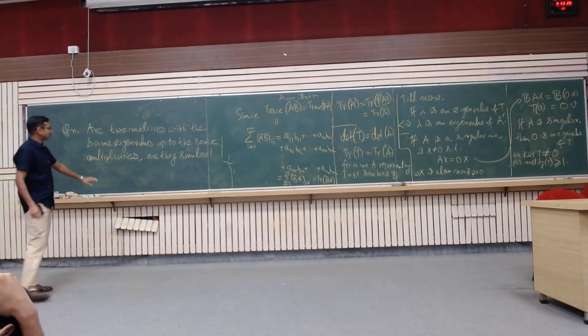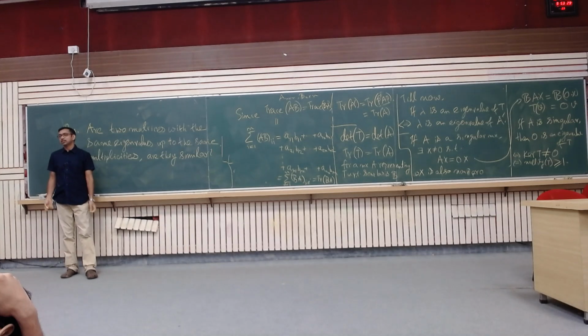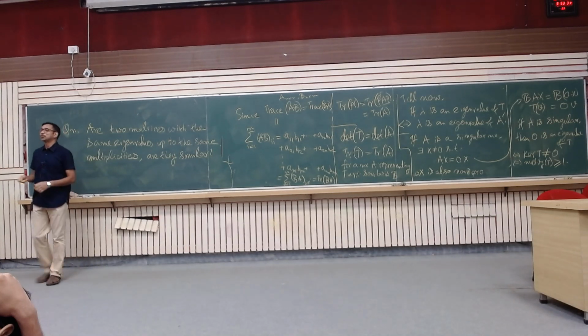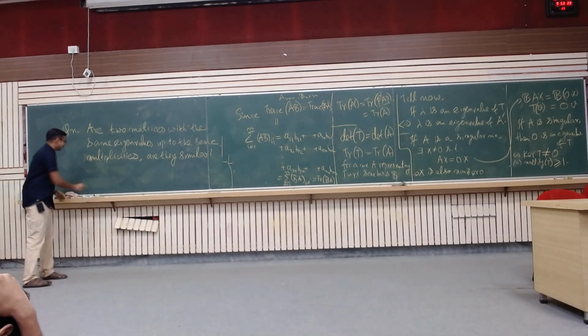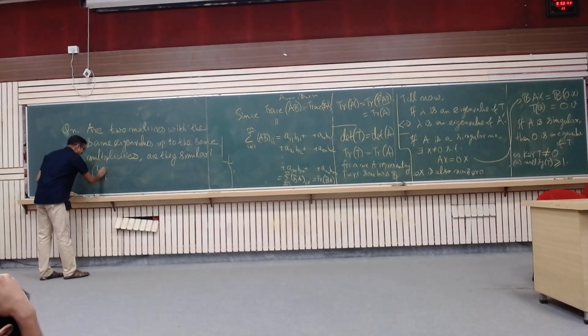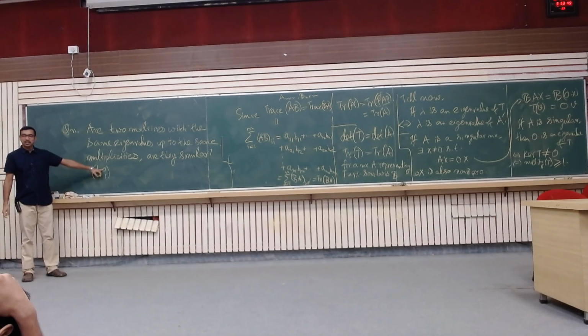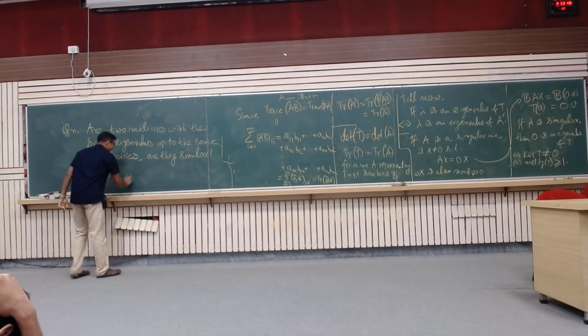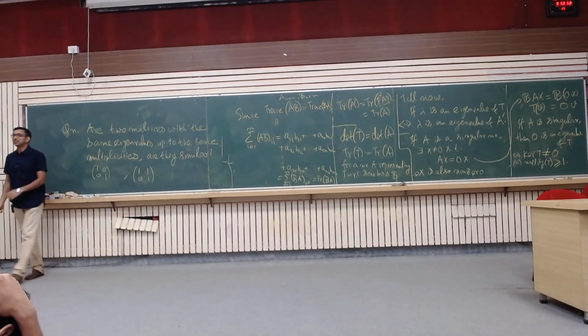But for this one, you can take some particular examples. Say just take some simple 2 cross 2 matrix, and the simplest eigenvalue that you can imagine. So if you take 1 1 on the diagonal and now put something here or something there, so 1 1 0 1, are these two similar?